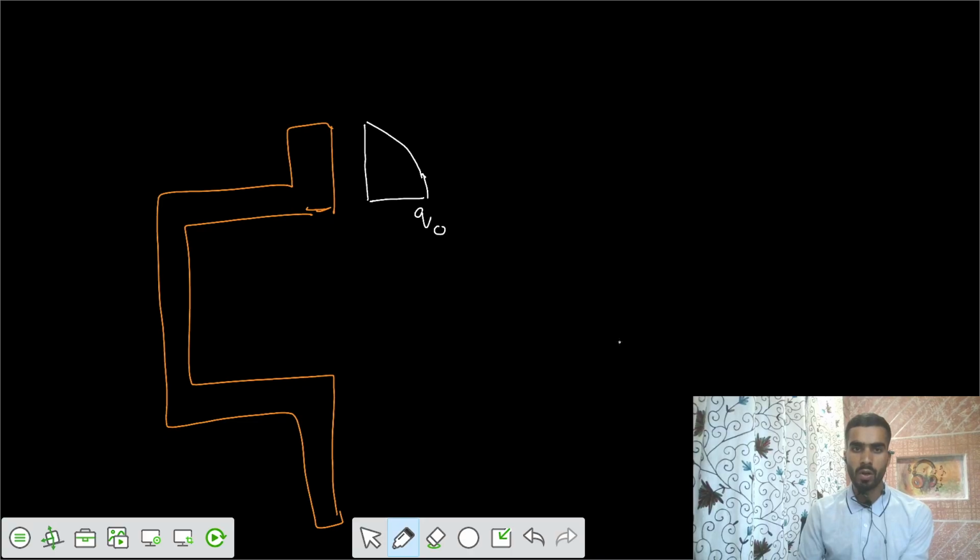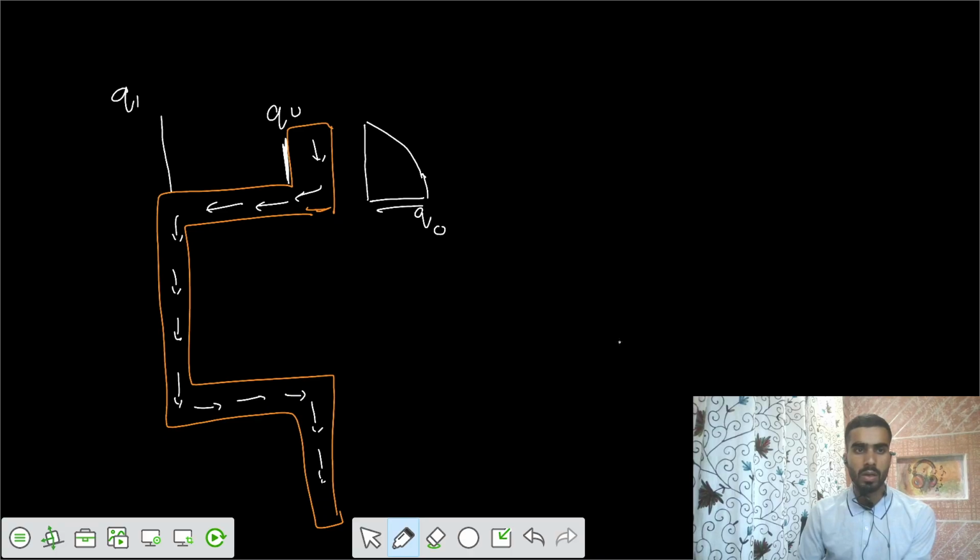Let's call it q naught, and the same will enter into the flange. We can call the horizontal members the flange. So based on that, there is continuity. If the q naught enters here, there would be some shear flow here equal to q naught, and it would increase to some value of q1.